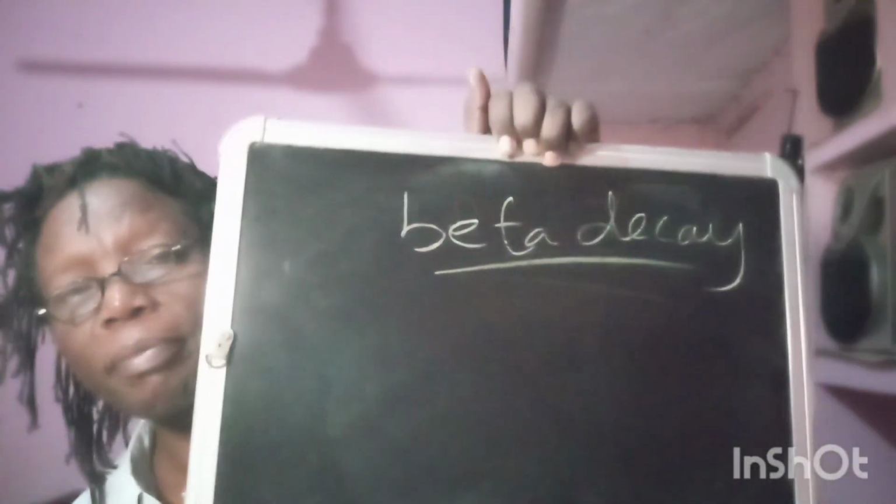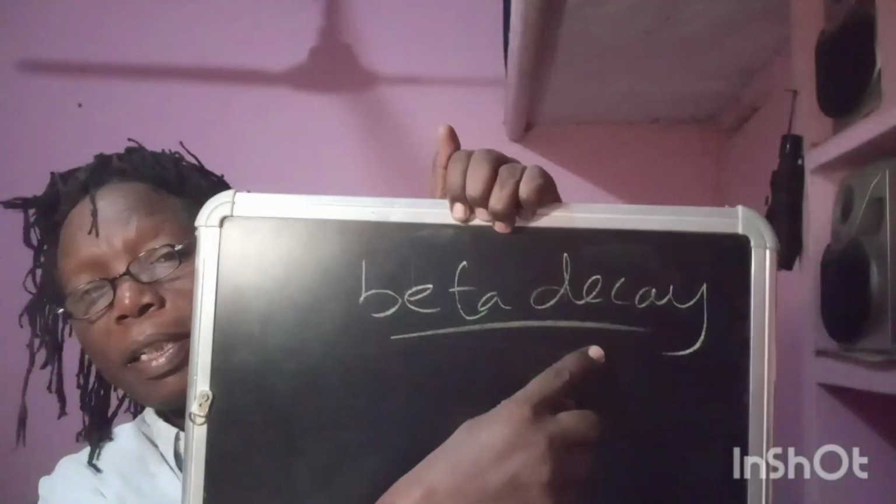This is the spelling of it, beta decay. It is widely used in the medicine area. You have had radiology; people with cancers, that's how they treat you, using this. So it's widely used in medicine, and very useful.